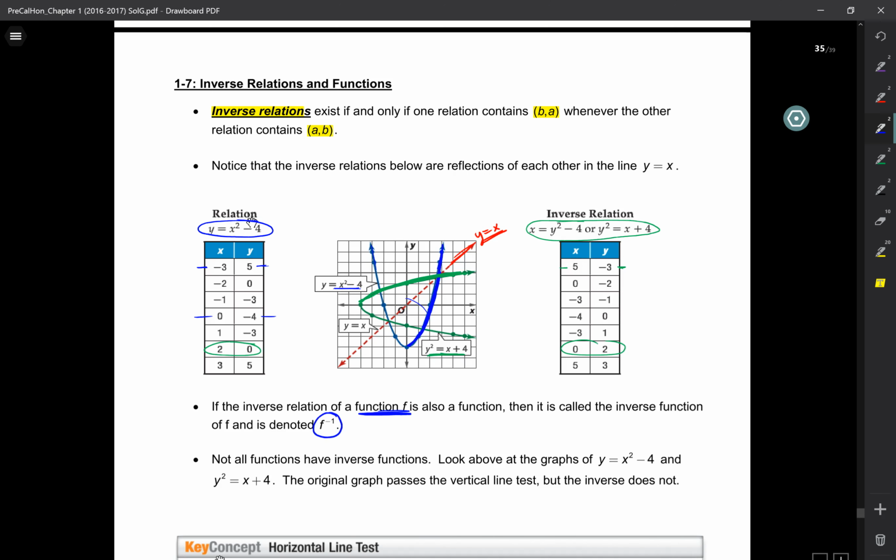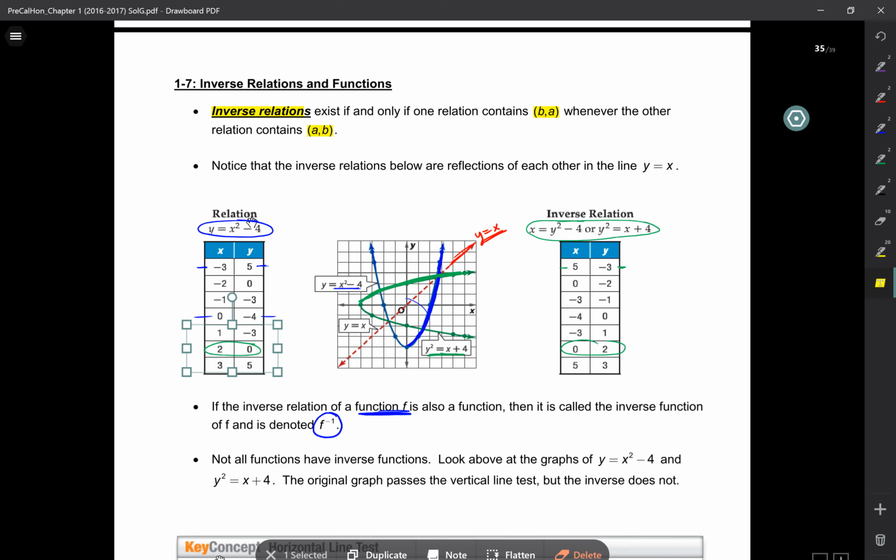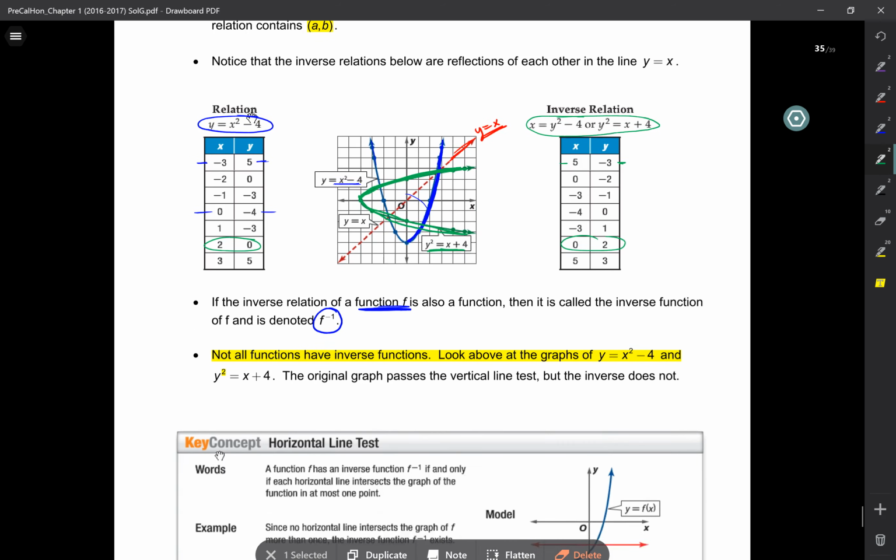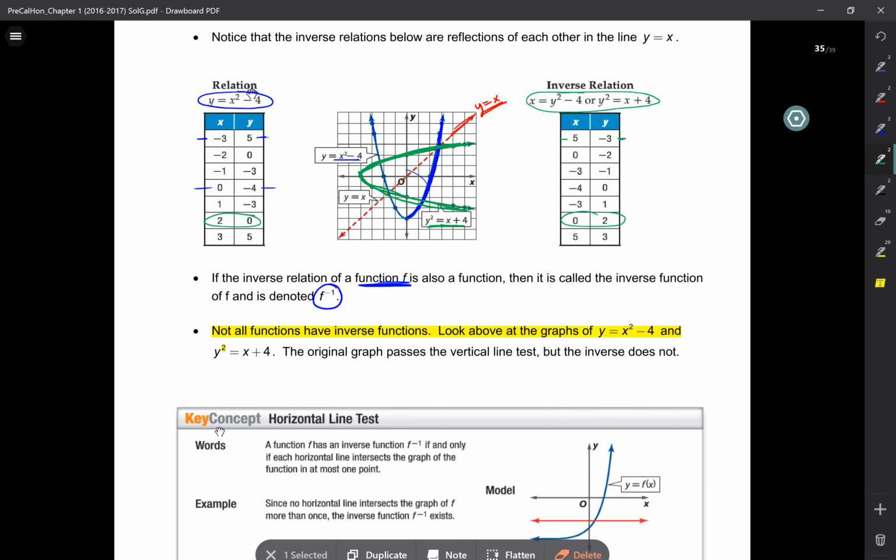It's important to note that not all functions will have inverse functions. In the case of the parabola, the green inverse is a relation, and it's an inverse of the blue parabola, but the green is not a function itself. The green doesn't pass the vertical line test, therefore it's not a function.